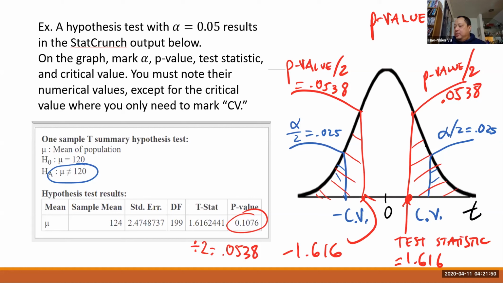In this case, as you can see, p-value is 0.1076, which is larger than alpha, so I do not reject H0. And sure enough, if you look at the test statistic, it is outside the rejection zone. The rejection zone is here under alpha, and the test statistic is outside it. All right, so that's how all those quantities work.